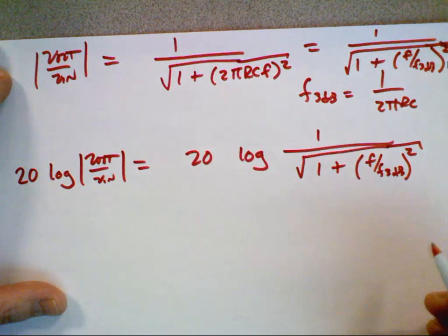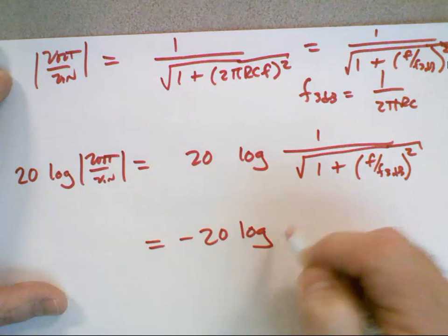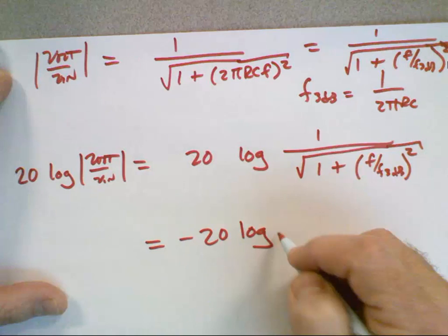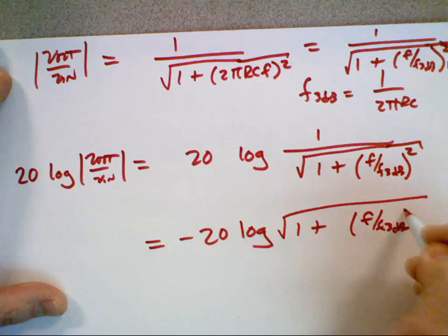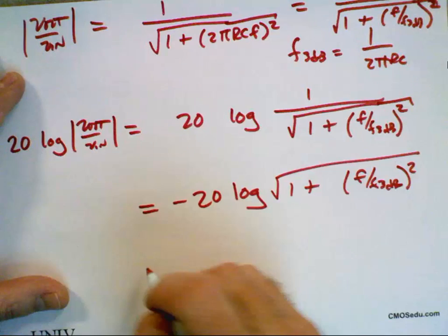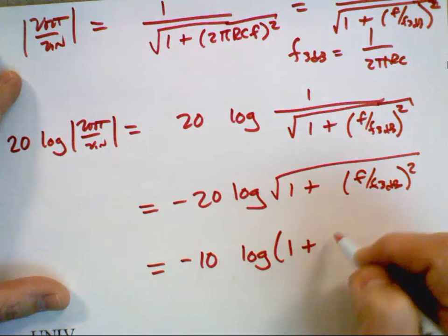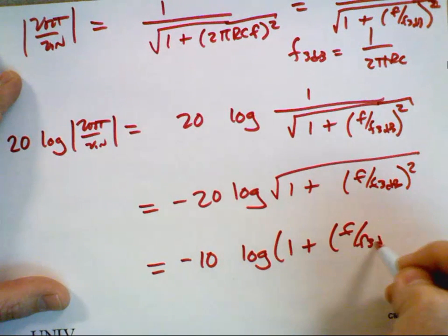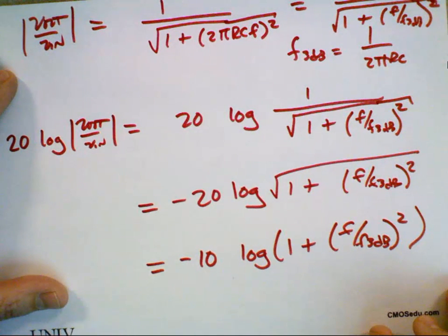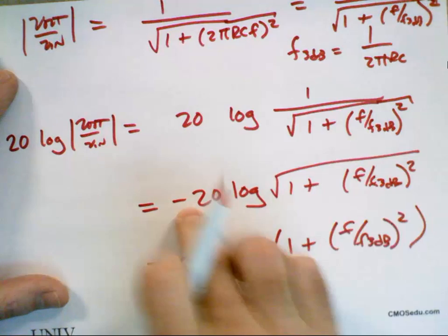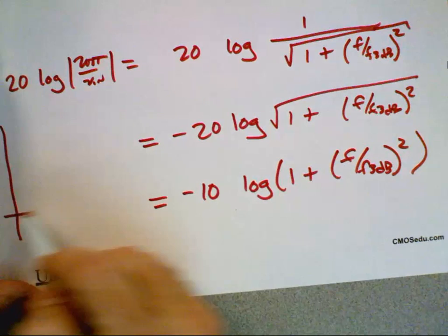I'm going to be verbose here. Not that I'm not already verbose. Everybody agree with that? Because the 1/2 comes down. And now I'm going to plot the magnitude.